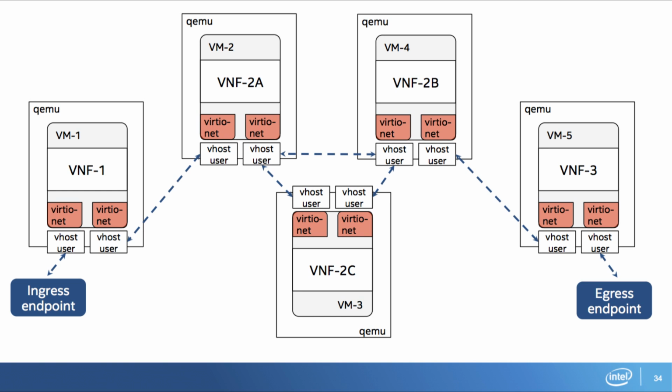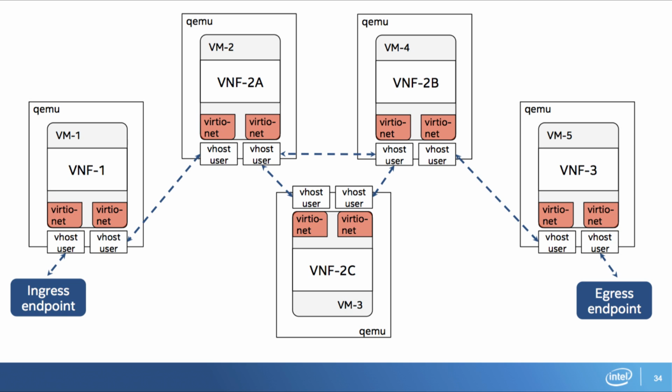Now, vhost user is an implementation supported by VPP, and it's a means of injecting packets into the VM at the fastest rate possible. VPP itself has implementations for both L3 routers and L2 switches that are built using VPP, and they can serve as a means of getting packets into the VM as quickly as possible, and also as a means to connect a series of virtual machines.